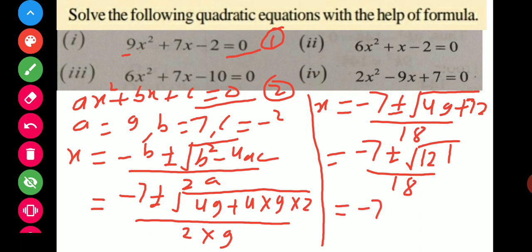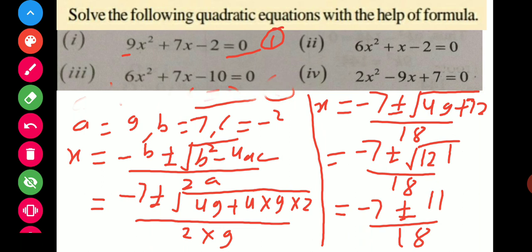So minus 7 plus minus under root of 121, which becomes 11, upon 18. In this solution, first you take the positive sign and second you take the negative sign. So how can we solve the remaining part of this question? You can see here.